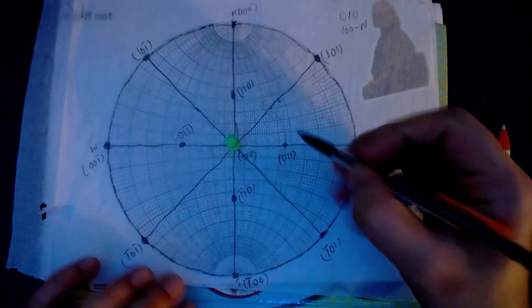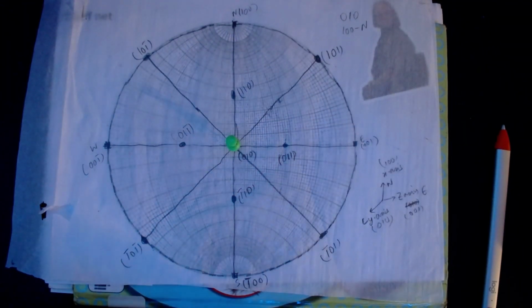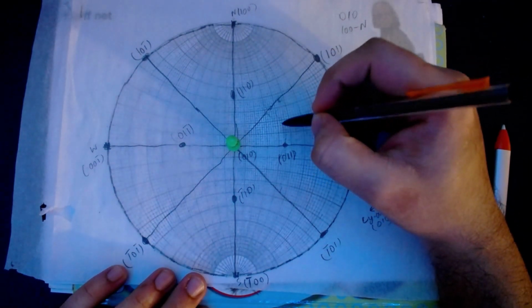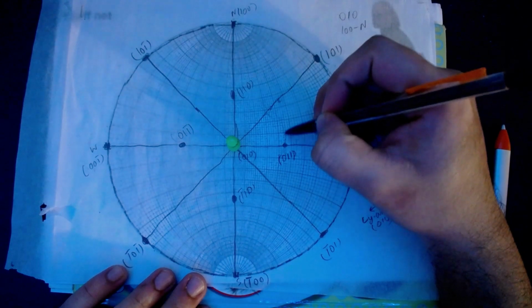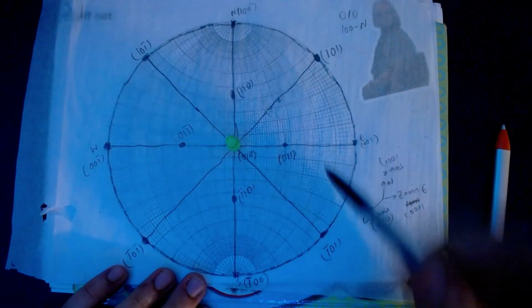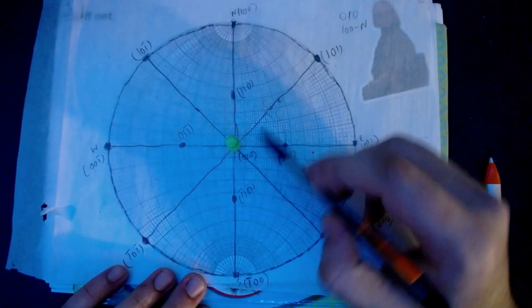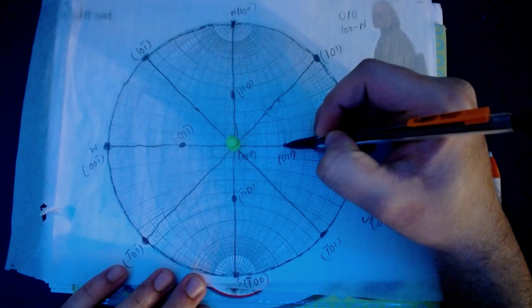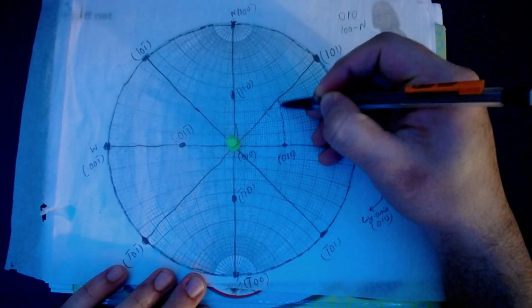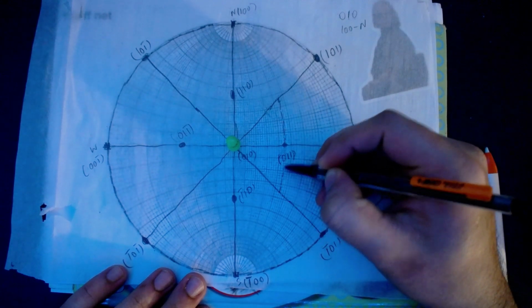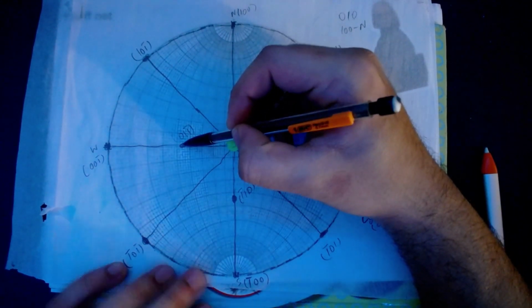After we have finished all the two-fold poles, now we can draw the three-fold. If you remember, the quickest way to draw that is to draw the great circle corresponding to all these internal poles, and wherever that intersects with this axis, that is where your three-fold poles will be. So I'm just going to quickly draw this in this manner, on both sides, and same on the other side.